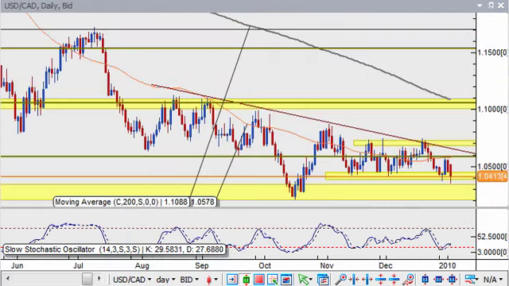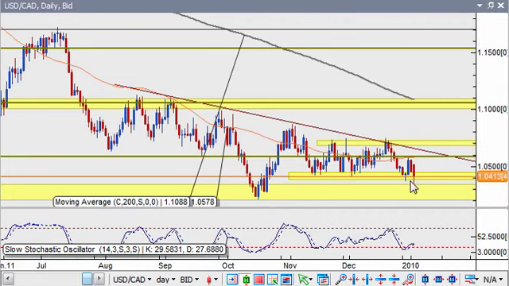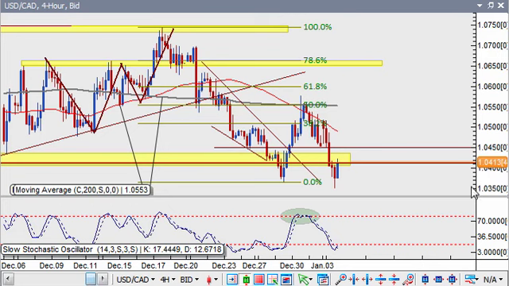The US dollar Canadian dollar pair is testing support here, threatening to go down to the lower support zone. However, today's price action came down to the 1.0350 area and has rejected it. So this engulfing pattern is a premature reversal signal. We have to look at the 1.0450 area.